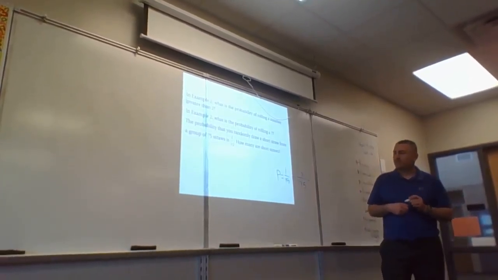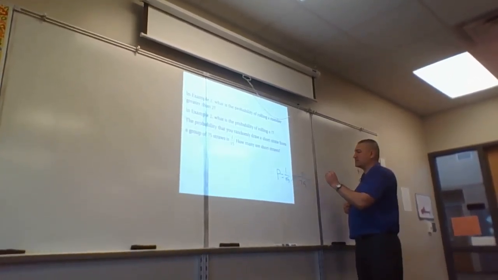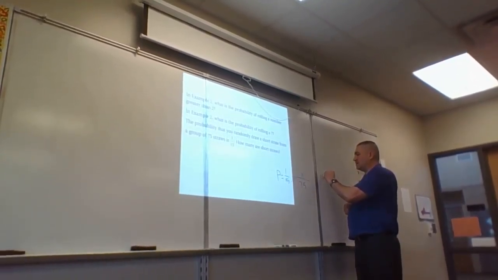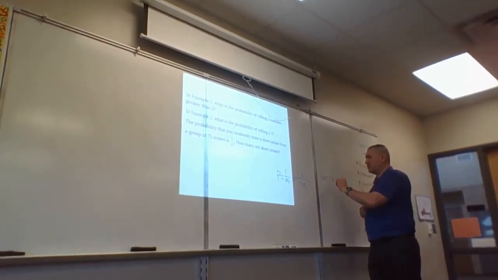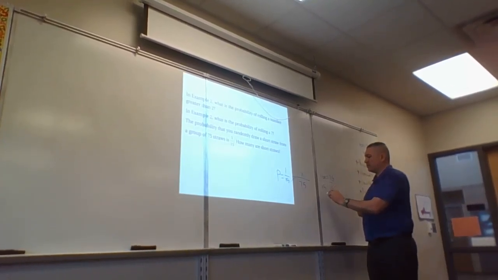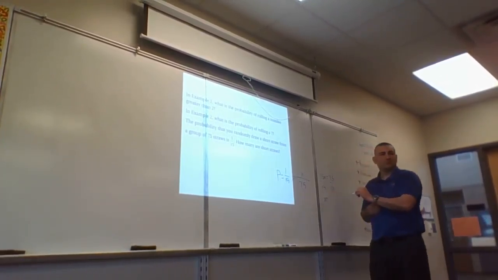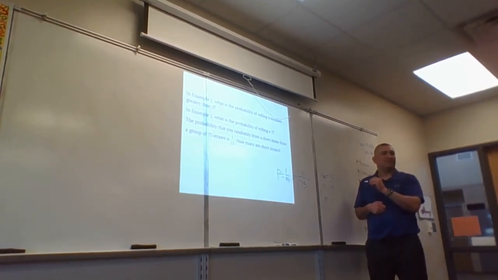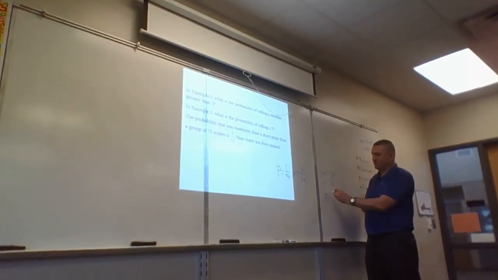Cross multiply, right? What's 15 times X? 15X. And 1 times 75? Divide by 15, right? What do we get on the left? X. And what's 75 divided by 15?